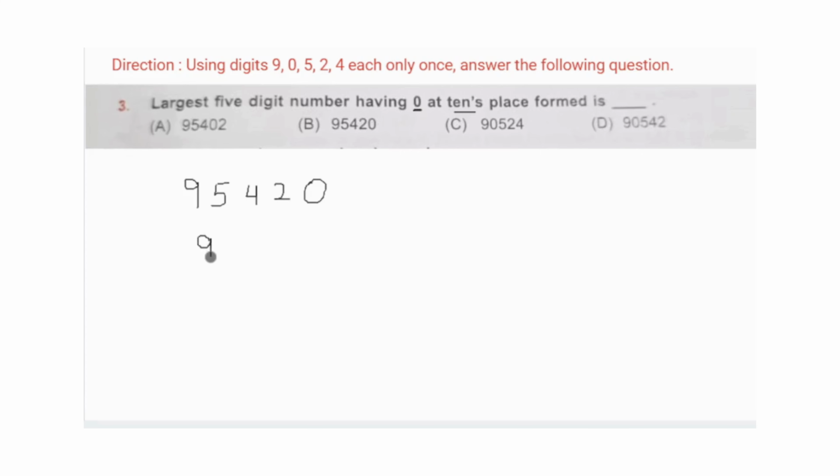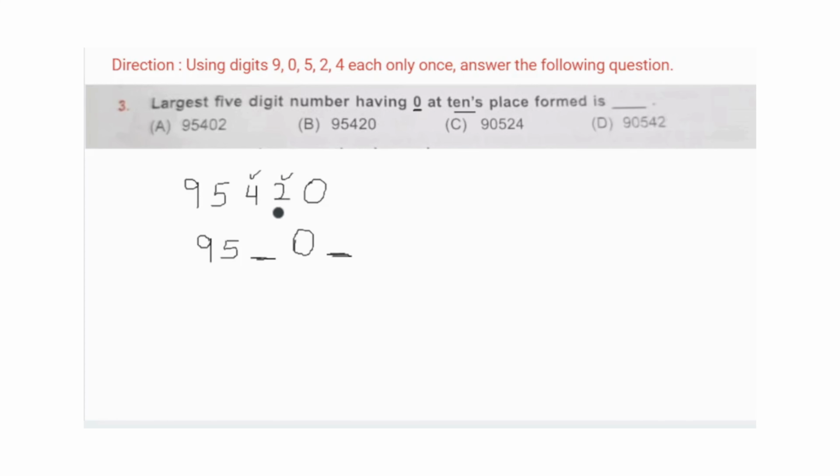So let's write 9 and then 5 and then leave this space and then write 0, which is in the tens place, and a dash. Now any number that we form here, 0 is always going to be in the tens place. The two numbers that are left are 4 and 2.